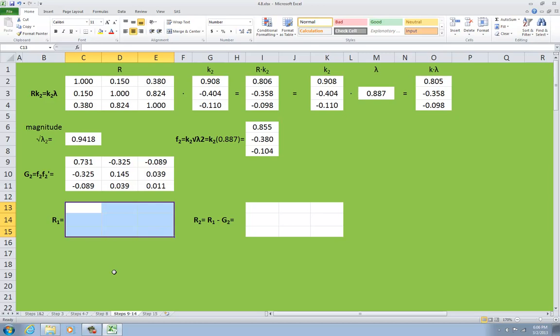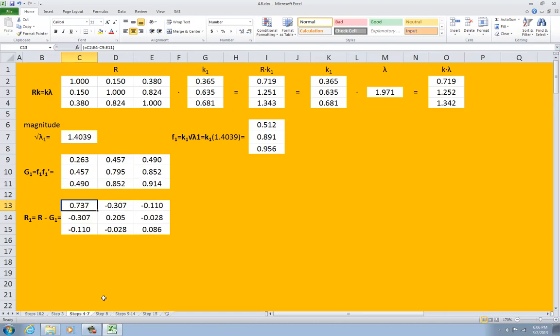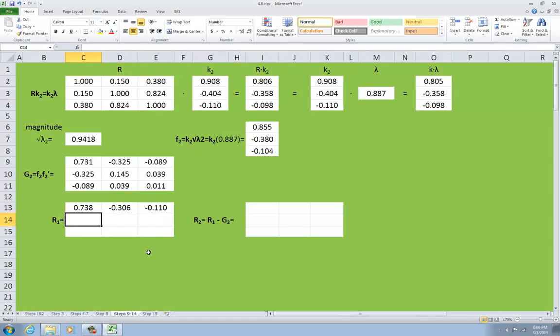So we need R1 again, the first factor residual matrix. I'm just going to type that in real quick. It's 0.738. Then we had negative 0.306, negative 0.110. And if you're wondering why I'm typing this all in, we got this in step 7, but because I use matrix multiplication, I can't copy and paste it.